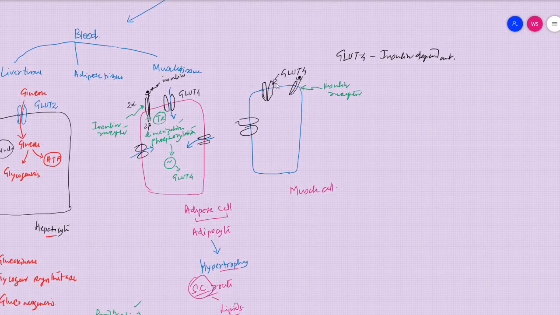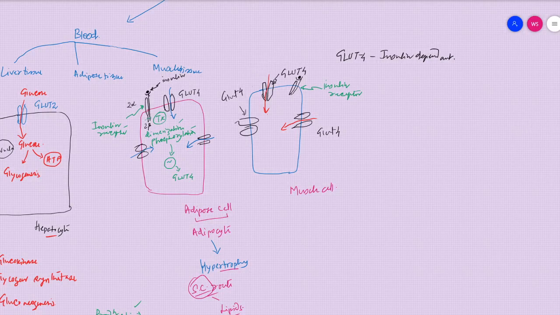Okay, so this is GLUT4, this is GLUT4, and that again is GLUT4. So what does GLUT4 do? It makes lots of insulin, and sugar enter, or sugar, in this case we are specifically talking about, it's a glucose transporter, so let's be specific.